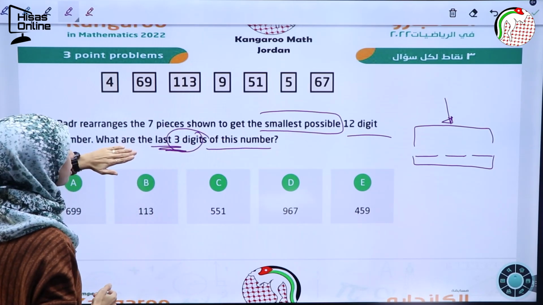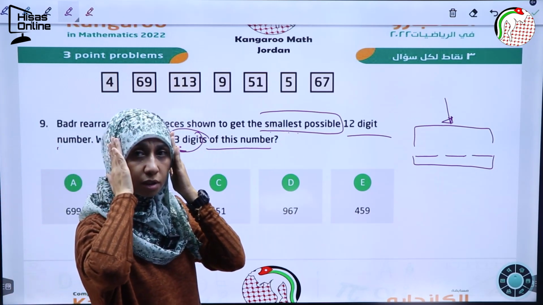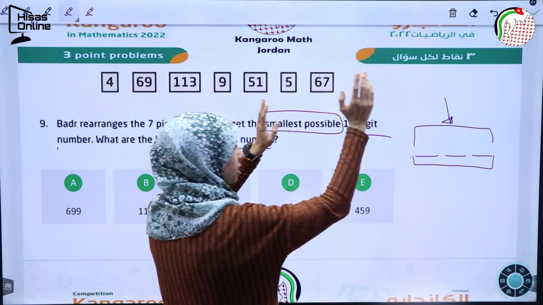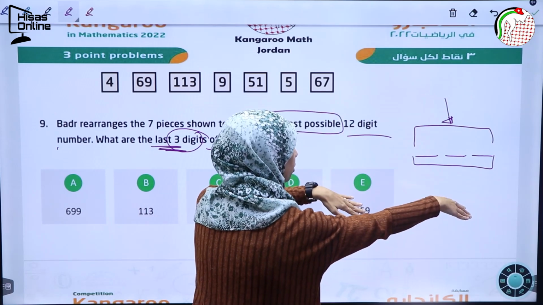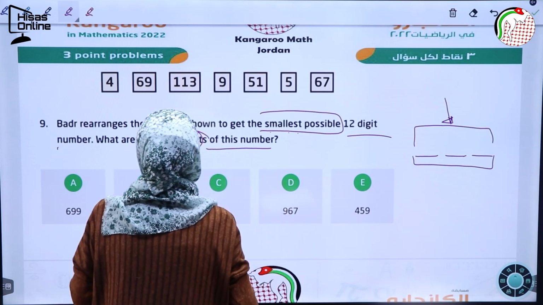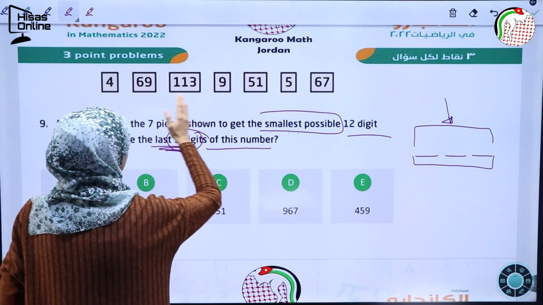To have the smallest possible number, the smallest number means I must have the biggest numbers at the end of my number, starting from right to left. So, what are the biggest numbers here?